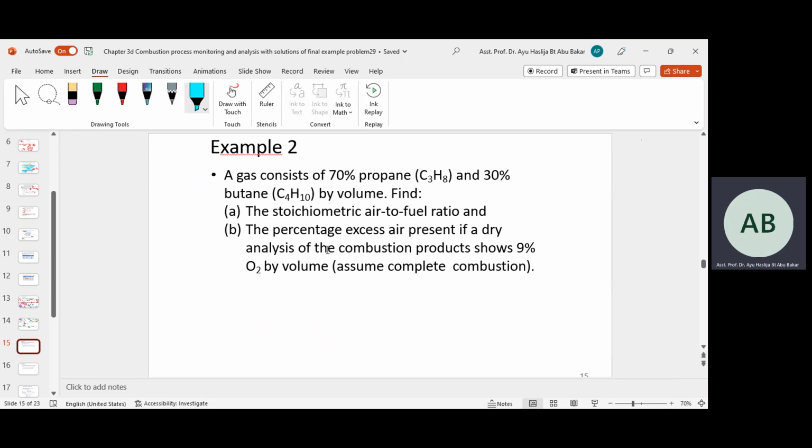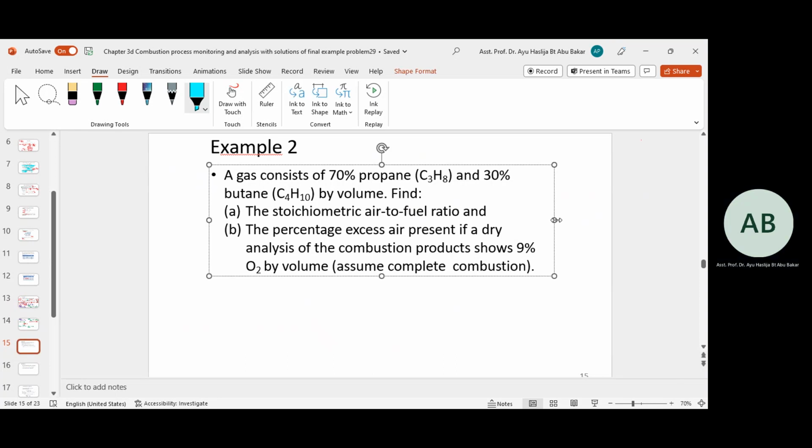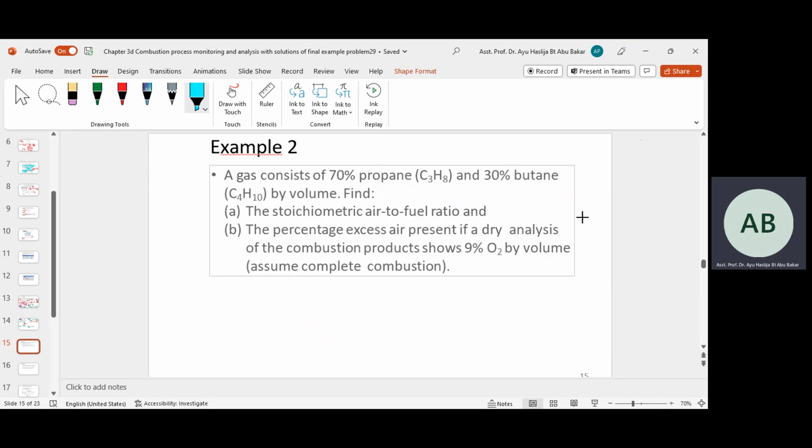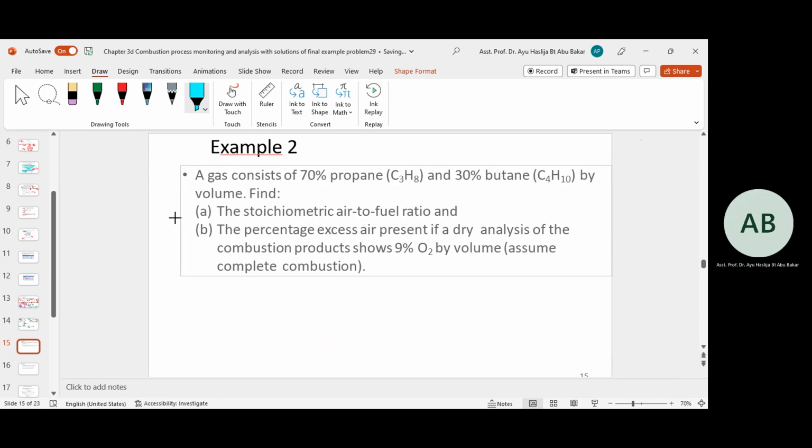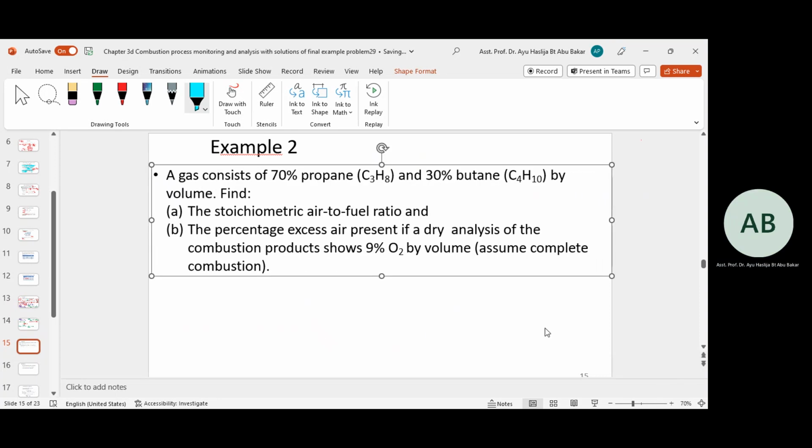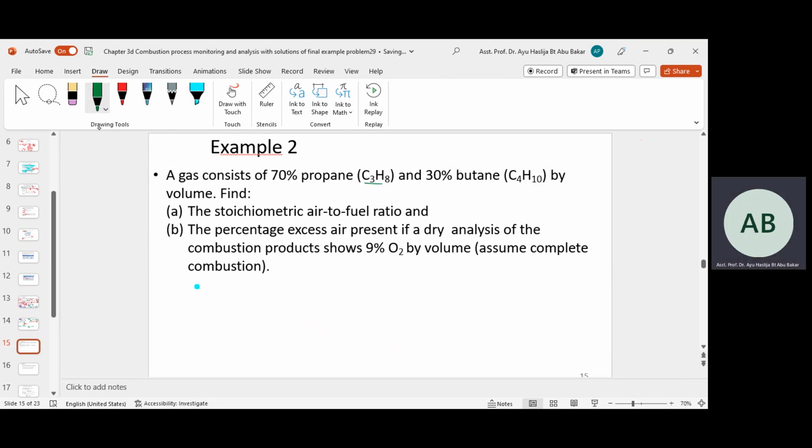Now we move to example 2, where you have a mixture of fuel. You have propane and butane. Propane is 70% and butane is 30%.